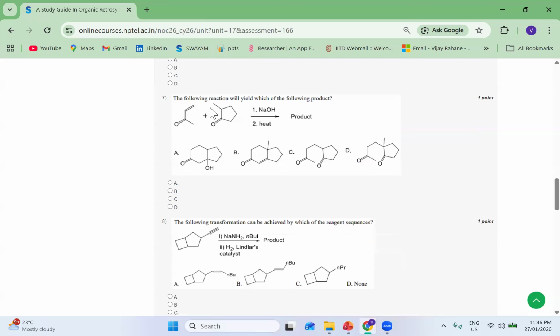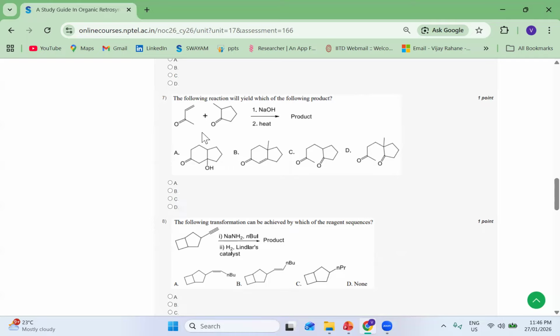Then on question number 7: which product will the following reaction yield? This is basically NaOH and heat. NaOH abstracts the proton, so the alpha proton is getting abstracted, followed by the Michael addition.